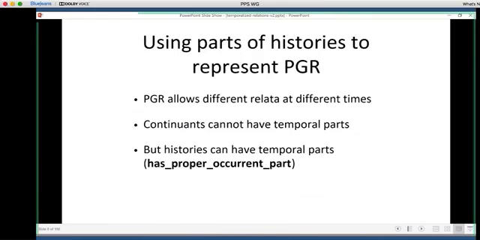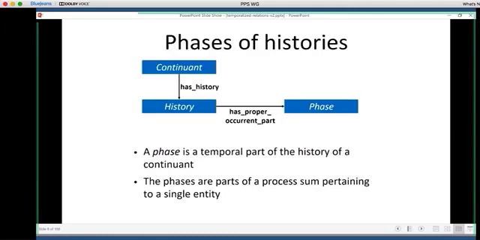Now we can represent permanent generic relatedness by using histories which have phases. And so phases have proper occurrent parts, and an example of a phase would be the phase during which a particular cell is part of your skin rather than another particular cell is part of your skin. They would be two phases in the history of your skin, and similarly with a machine part.